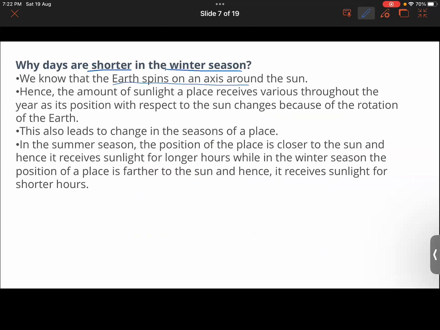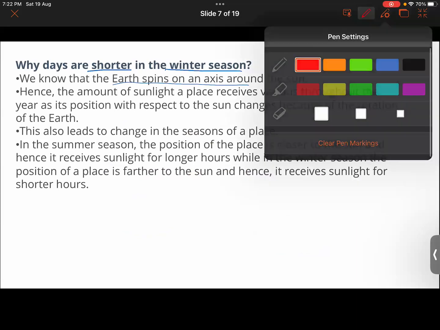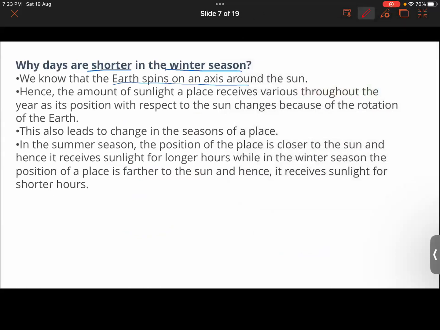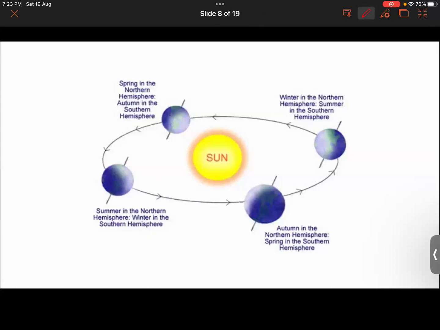Now, it's spinning and rotating, and doing revolution around the sun as well. Look here. This shows that the Earth is revolving around the sun, but the depiction is not 100% accurate. The Earth does not revolve exactly like this.